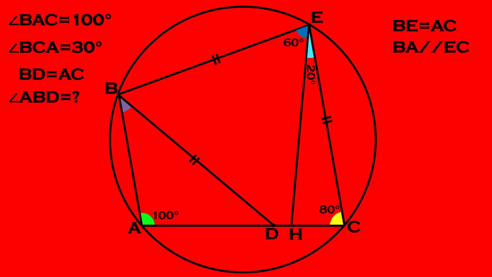Now, for this point H, we can distinguish only three scenarios that could possibly exist. The first one is that this point H lies on the interior of line segment AD. The second one is that point H lies on the interior of line segment DC.